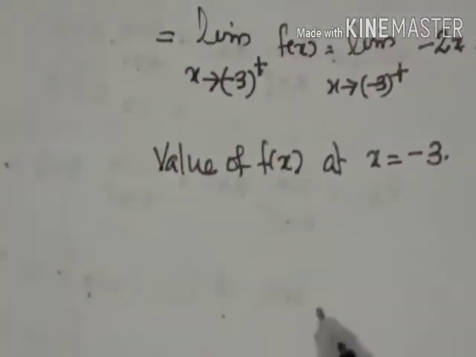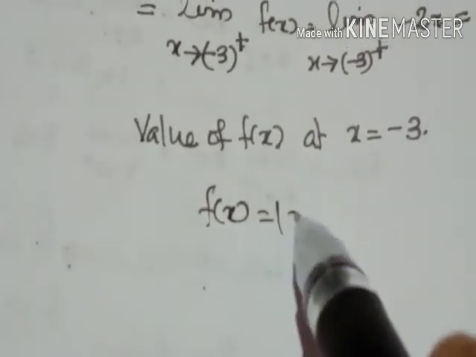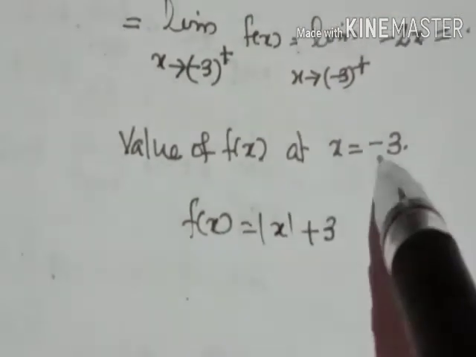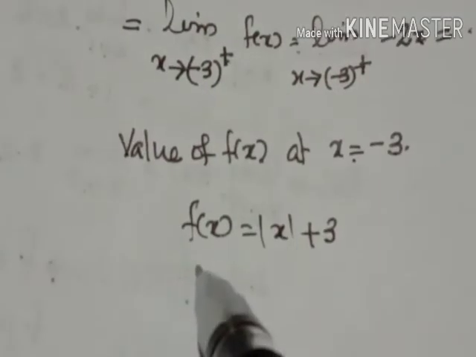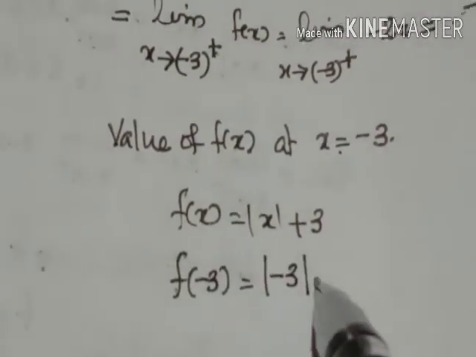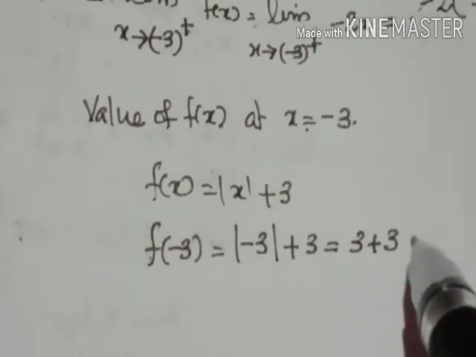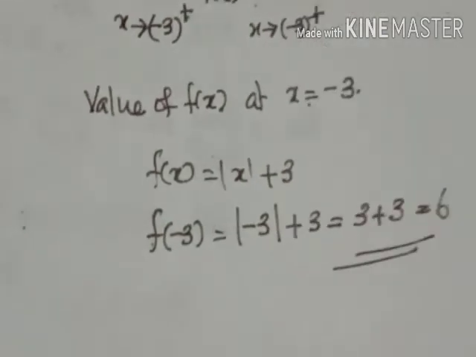So the value becomes modulus of minus 3 plus 3. Modulus of minus 3 is 3. 3 plus 3 equal to 6.